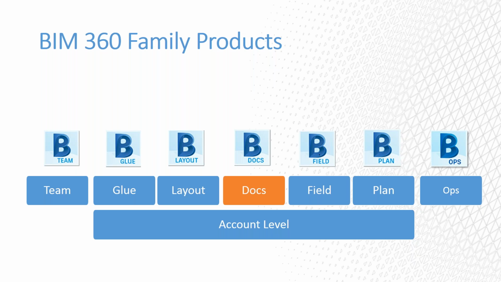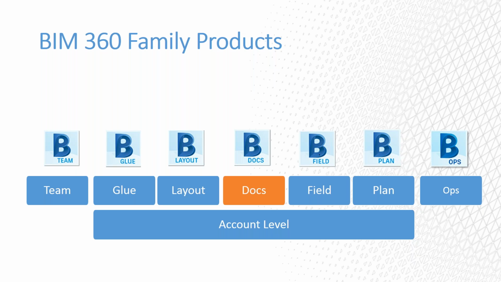We also have BIM 360 Field. This is for quality and checklists, and for managing issues at the construction field. And then we have Plan. Plan is for short-term planning, and Ops is for facility management.